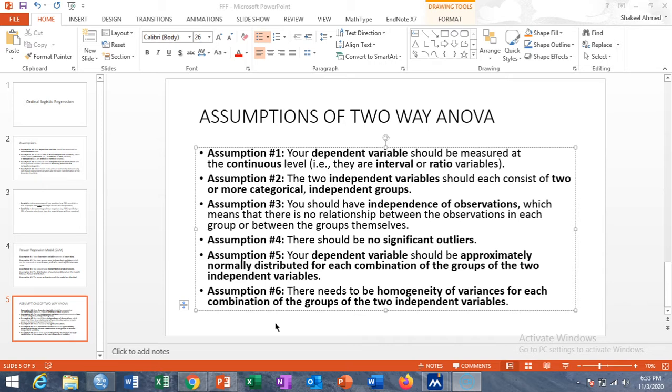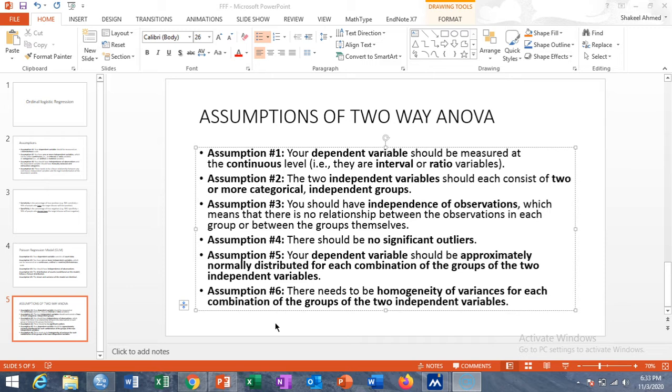For example, if we are interested in comparing the mean score of the students between genders, then we can use the one-way analysis of variance, as we have only one grouping factor, that is gender.